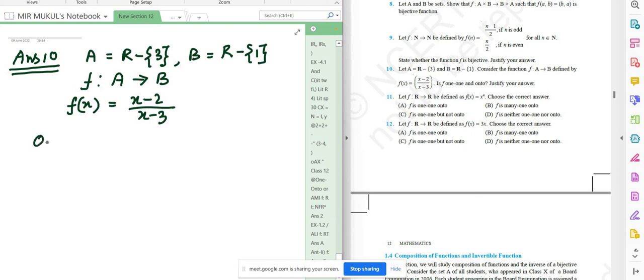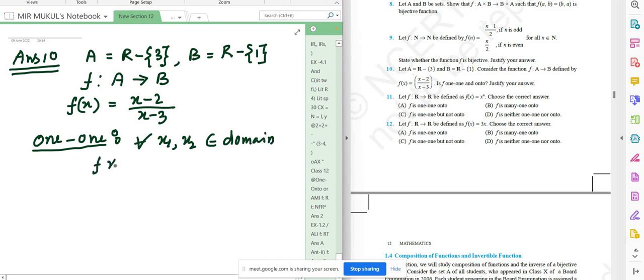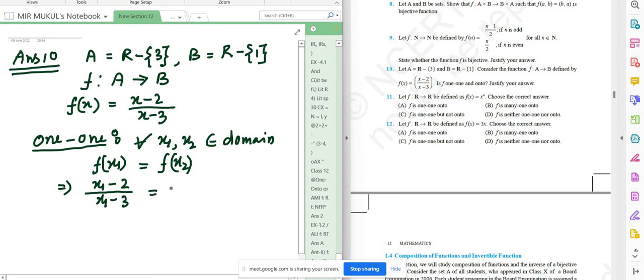Check one-one. For all x1, x2 belonging to the domain, if f(x1) equals f(x2), then what do we get? f(x1) is (x1 minus 2) upon (x1 minus 3), and f(x2) is (x2 minus 2) upon (x2 minus 3).